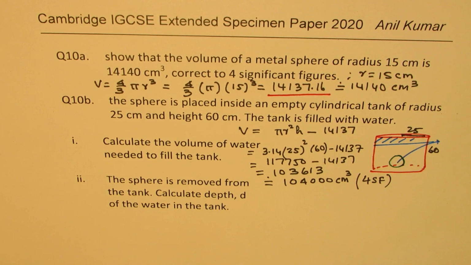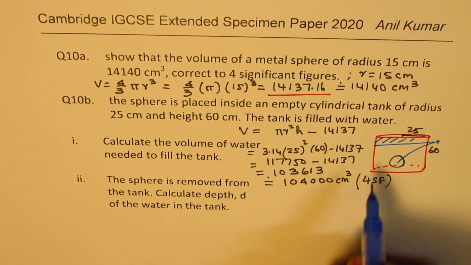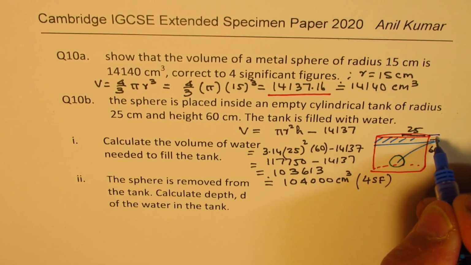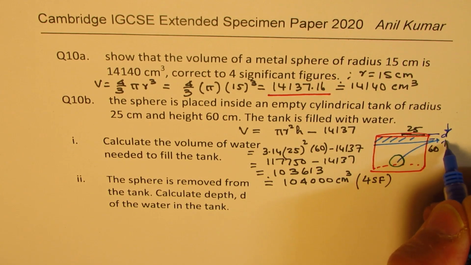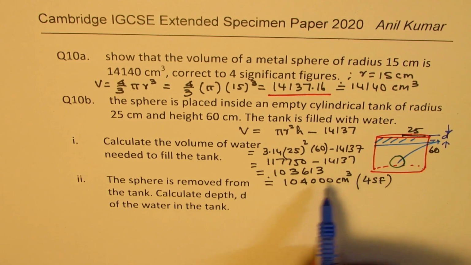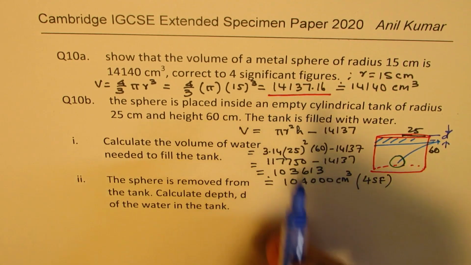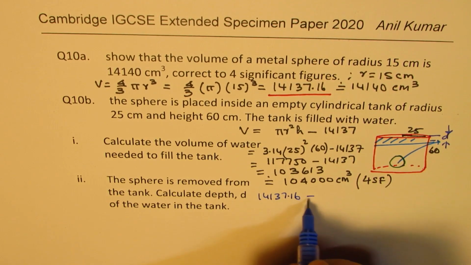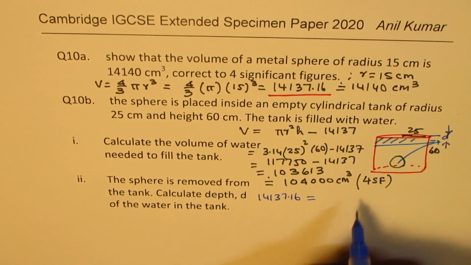And the volume by which it comes down is the same as the volume of the sphere. So if the drop in height is d, in that case this volume should be equal to the volume of the sphere. So again we'll use the same original figure, 14137.16. That is the volume removed.